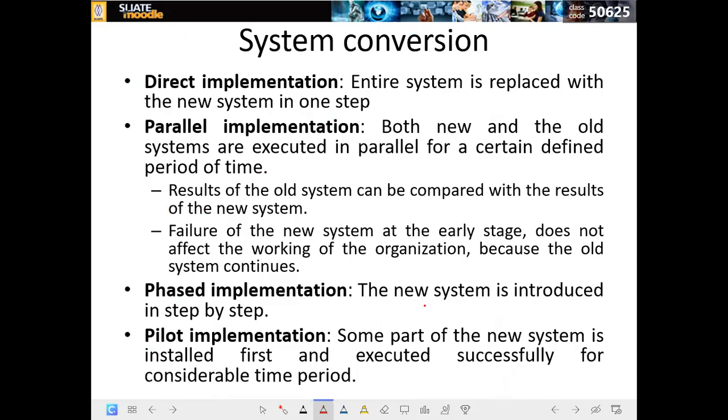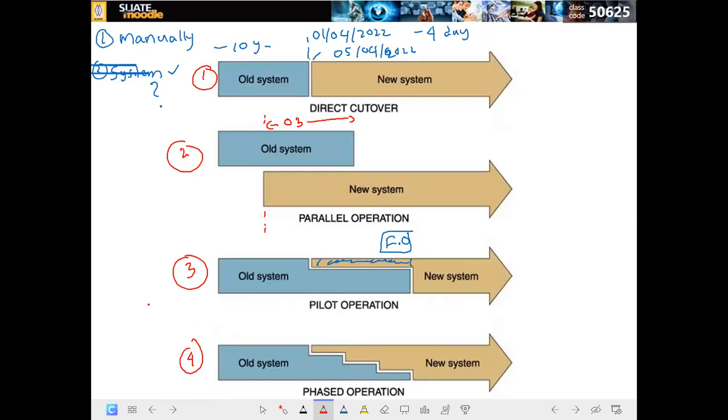The new system is introduced step by step. For example, first you are going to implement which part? Front office part. For the other sections, you are still running the old system, whether it is manual or computerized.